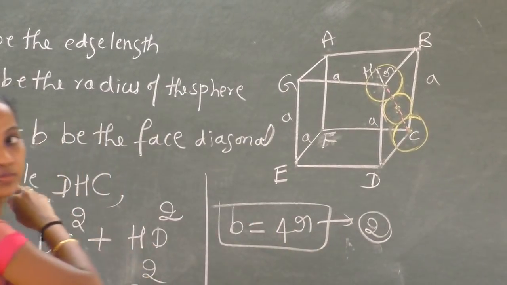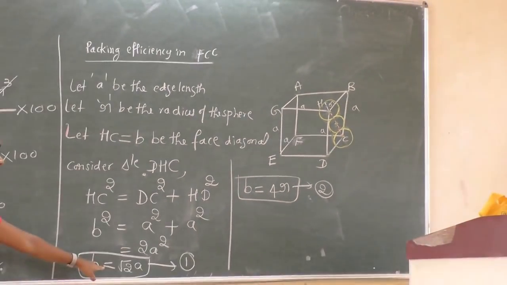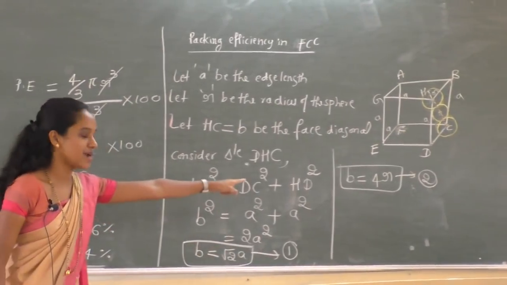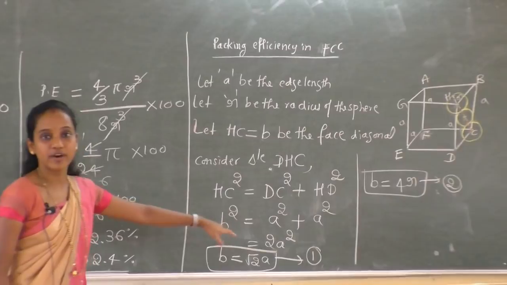Now see equations 1 and 2, where b is equal to square root of 2 into A and b is equal to 4 into R. We can equate equations 1 and 2.